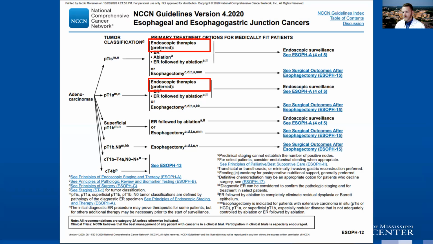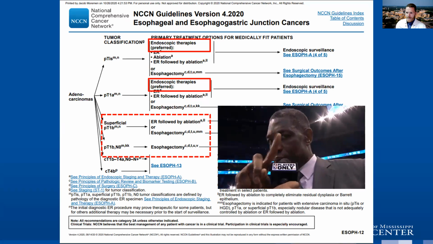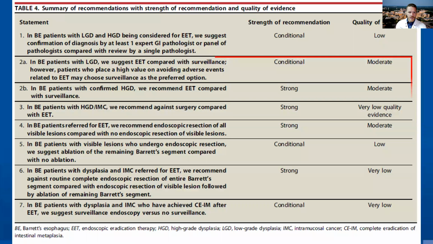They have endoscopic therapies as the preferred method. And then even in superficial T1B, endoscopic resection followed by ablation is an option, though not listed as preferred at this point. And then finally, this whole T1B category has some options within it and bears a little bit of deeper investigation, but we're not going to get into that just yet. We're going to come back to that in a little bit.